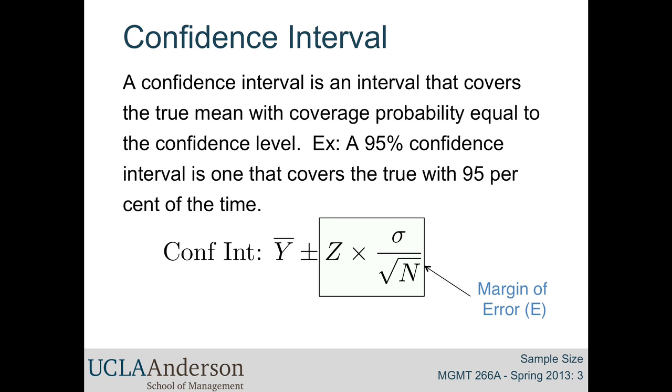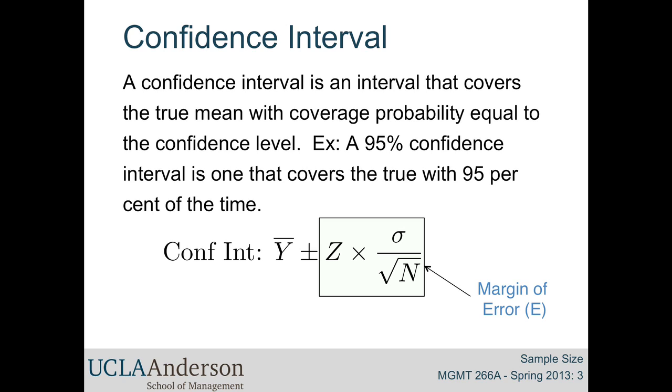Typically, in our work, we express the degree of sampling error via a confidence interval. So the idea is that we present an interval of values. We say our best guess is y bar, but really it's plus or minus a certain amount, some notion of the margin of error. Most people understand that I'm measuring something imperfectly, so my margin of error is plus or minus some quantity. In statistics, we can determine the margin of error based on a confidence level.